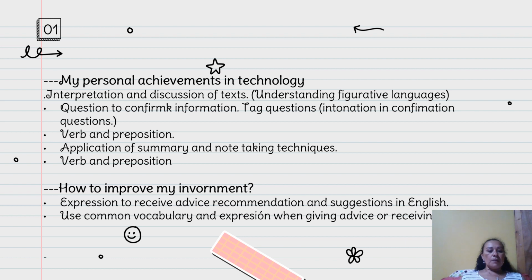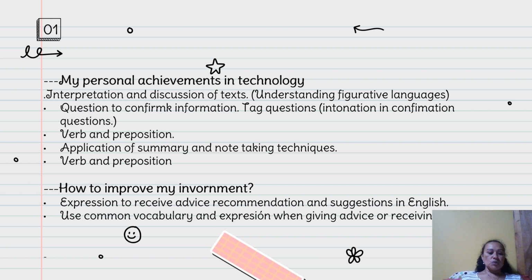When we talk about my personal achievement and technology: interpretation and discussion of texts, understanding figurative language, questions to confirm information, tag questions, intonation and confirmation questions, verbs and prepositions, application of summary and note-taking techniques.